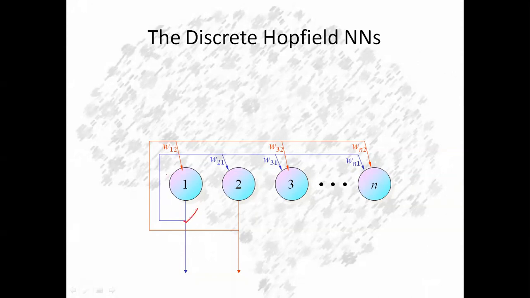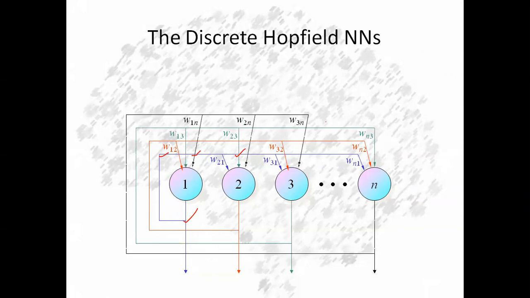Its output will be going back to the other neurons, or in other words, you may say that the output of neuron number one is going to act as input to neuron number one in the next phase. In the same way, the other neurons are also connected in the same fashion: neuron number two, neuron number three, up to neuron number n.